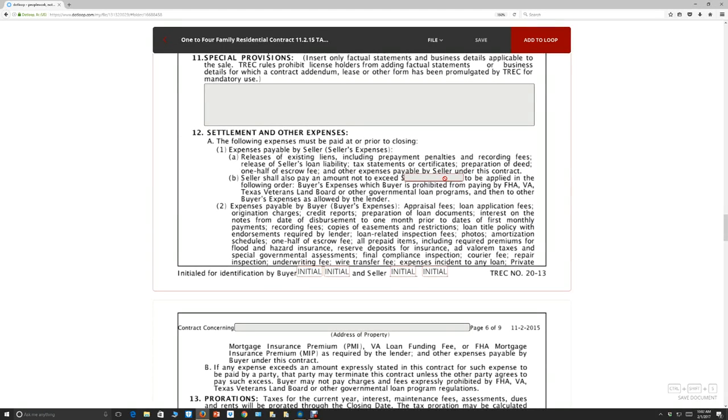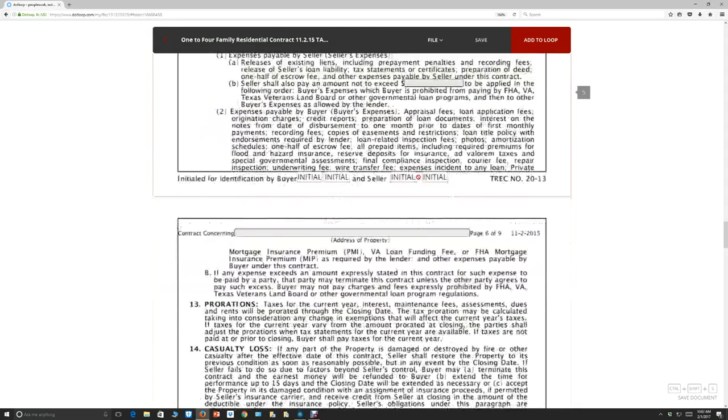The seller agreed to pay these fees right here that are outlined, right? It's very detailed what buyers and sellers can pay. And so if you don't put the right amount in there, you can have the seller agreeing to pay $4,000 and then they only pay $3,000. So you've lost a $1,000 benefit for your buyer. So make sure you get this amount from the lender every time.